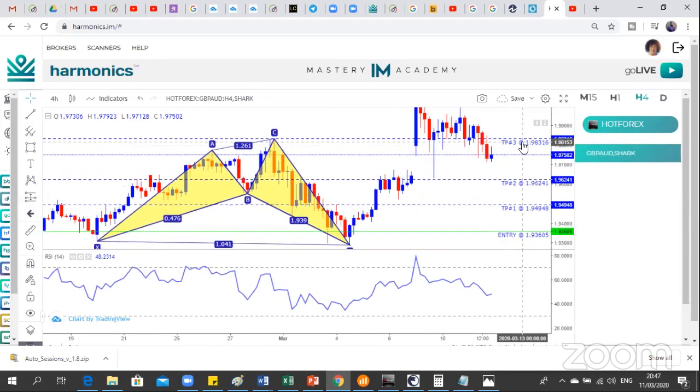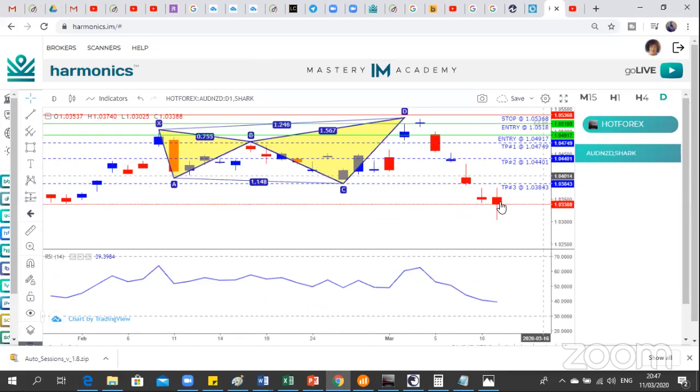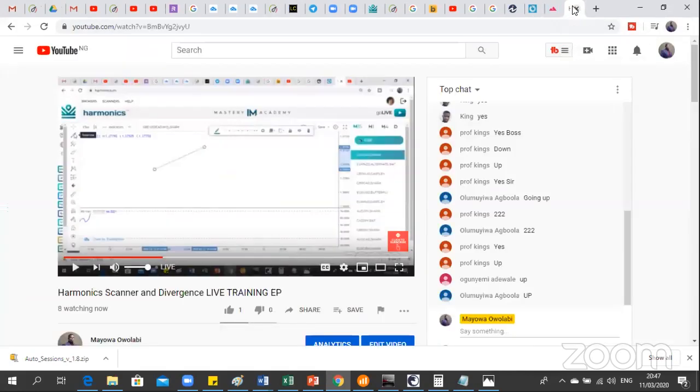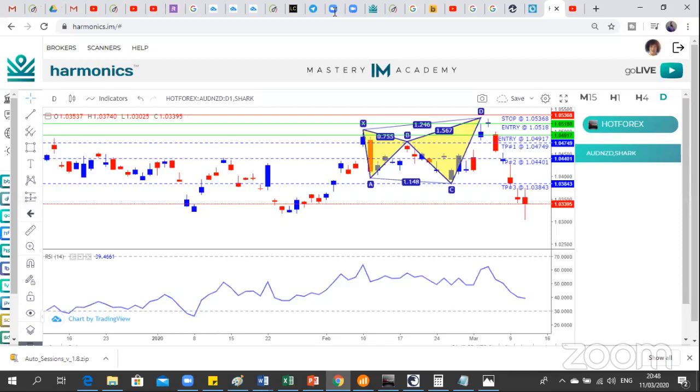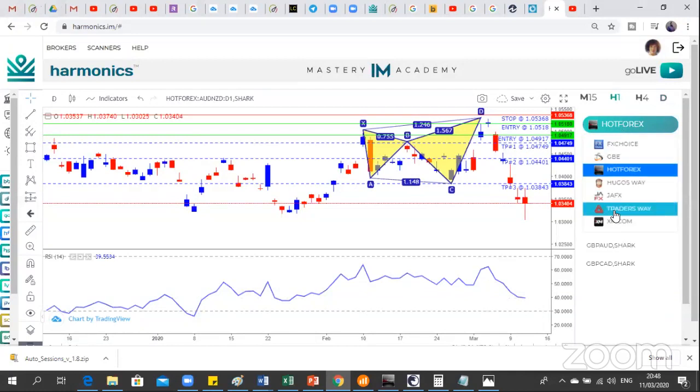Divergence on higher time frame is called heavy. Everybody on the call, type in heavy. If you see divergence on higher time frame, like 4 hours, it's called heavy. It's called sit down there. If you go anywhere, that's what it's called.